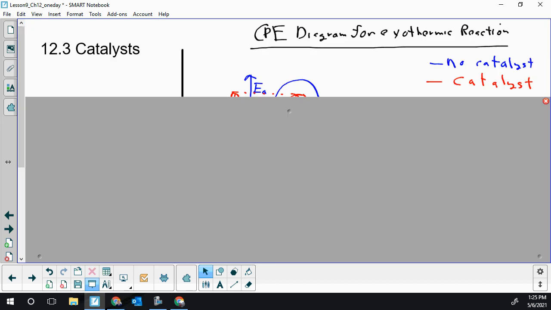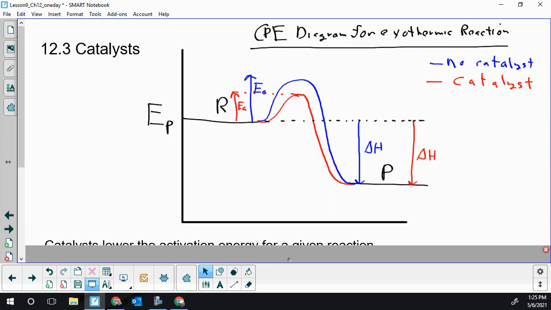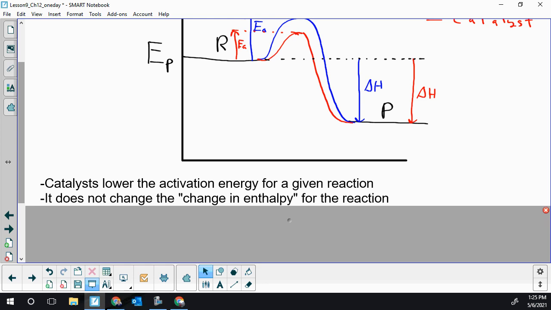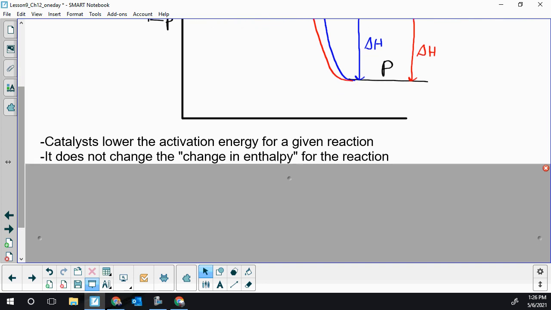Second bullet. The fact you added a catalyst does not change the delta H. The change in enthalpy is exactly the same before and after. So if I ask you what's the enthalpy change before and after, and I give you the value of the original, if it's minus 100 kilojoules with a catalyst, it'll be minus 100 kilojoules without one.